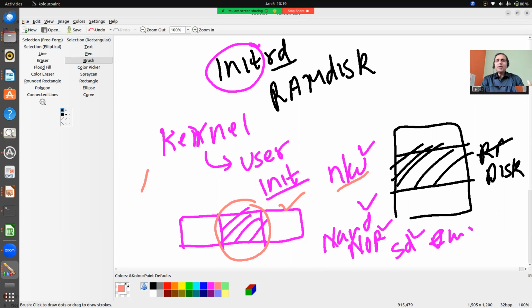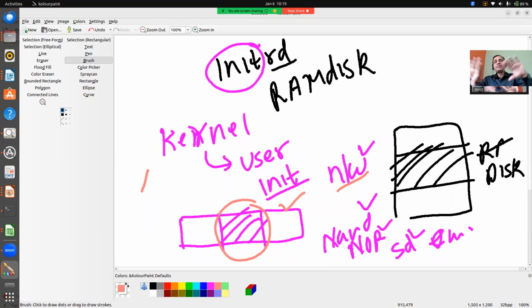So how do I make sure that my single kernel image is capable of working on all the platforms without any distinction? You never do something like this, right? For an HP laptop, I need to use this ISO image. For my Dell, I need to use this Dell model. You never do that.